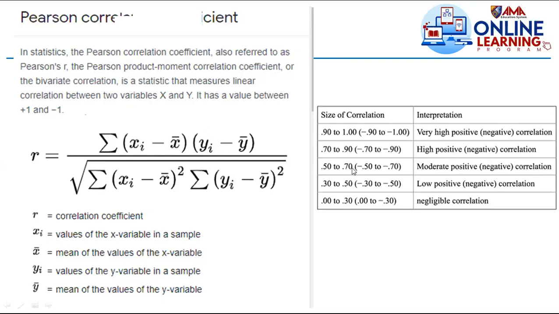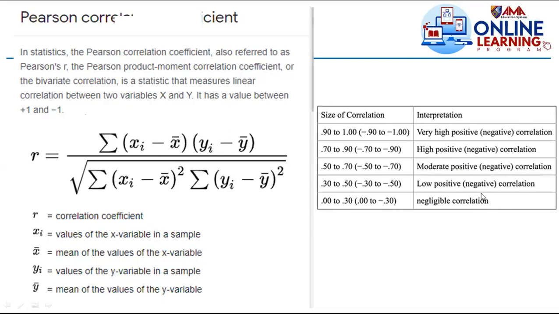50 to 70, moderate positive correlation. Negative 50 to negative 70, moderate negative correlation. 30 to 50, low positive, negative, low negative. When 0 to 30, negligible correlation or no correlation at all. Okay?